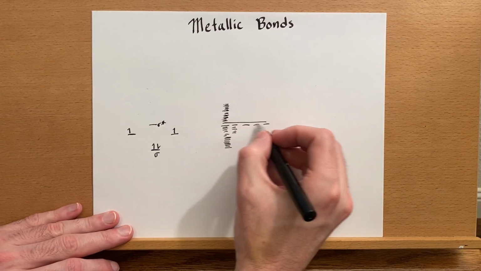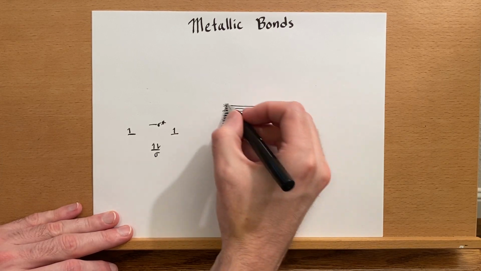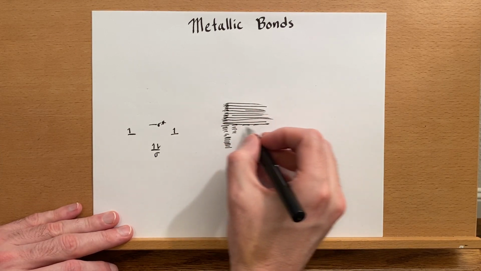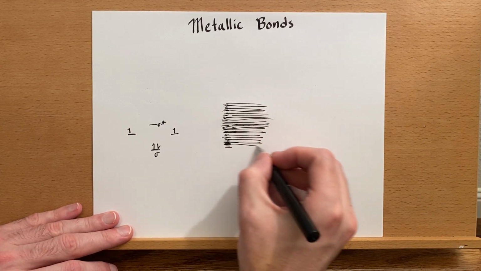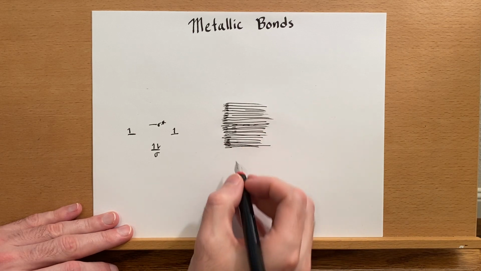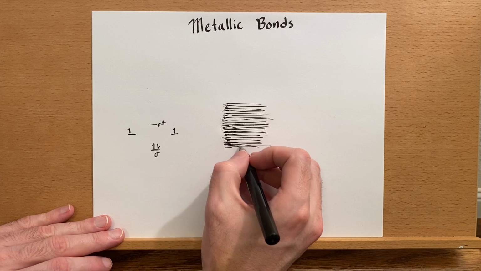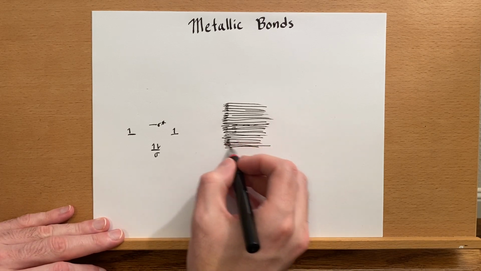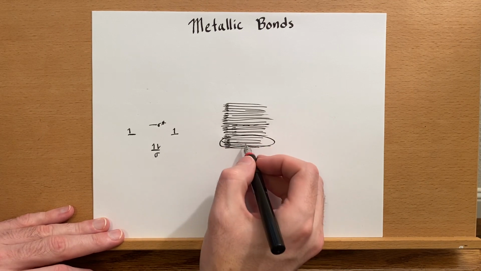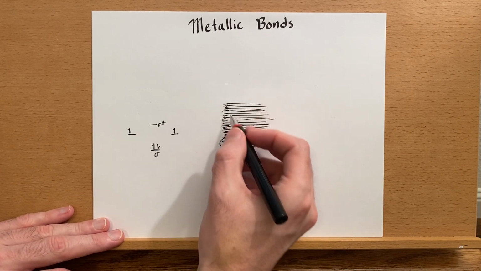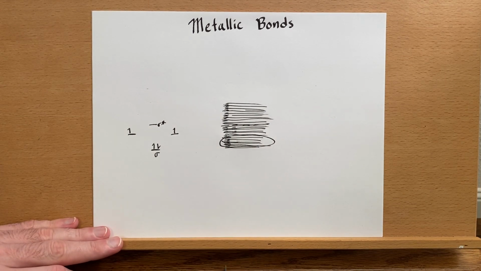And then there's just this sea of potential spots where electrons could go, and they all just kind of blend in together. Because one metal has its electrons, but then the electrons are able to move around, and we have the area down here occupied with electrons, and the area up here not occupied, just like our bonding orbitals and our antibonding orbitals.